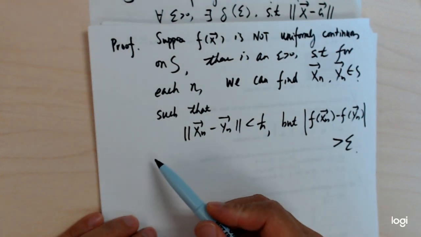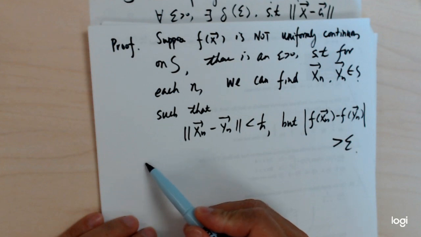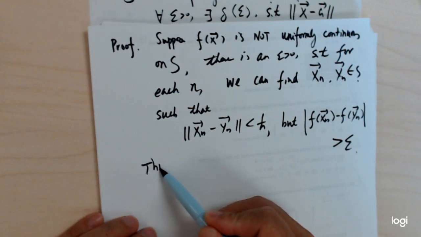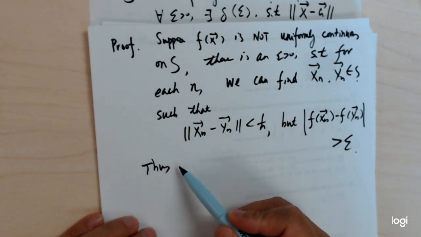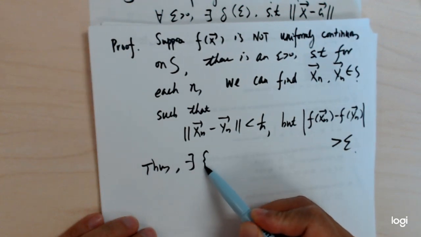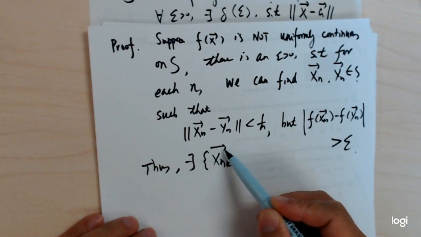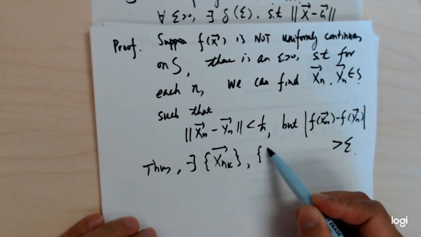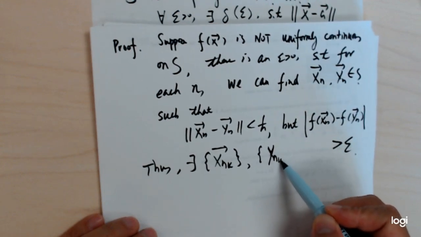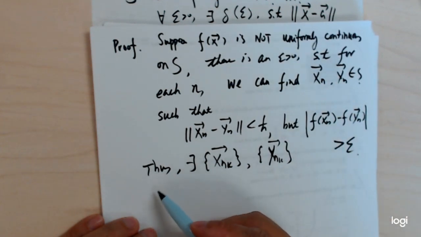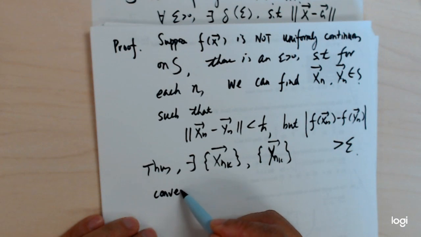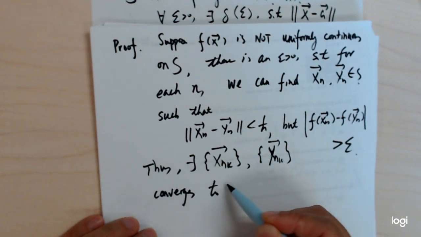Well, but because x_n and y_n are in this compact set, there is a subsequence. They are on the compact set, so there is always a subsequence that converges to the same point.